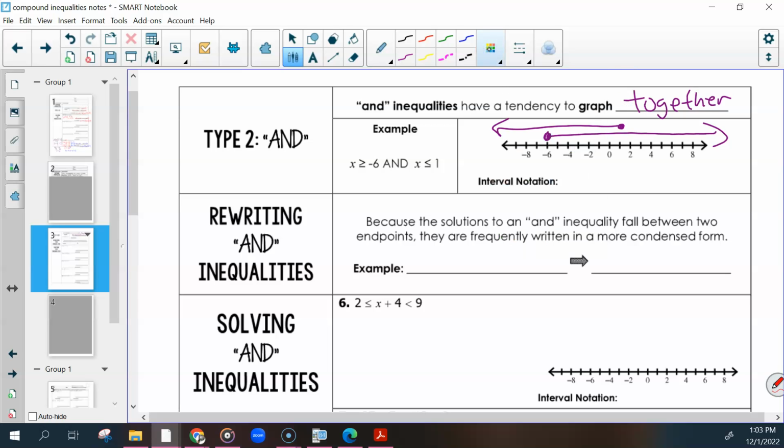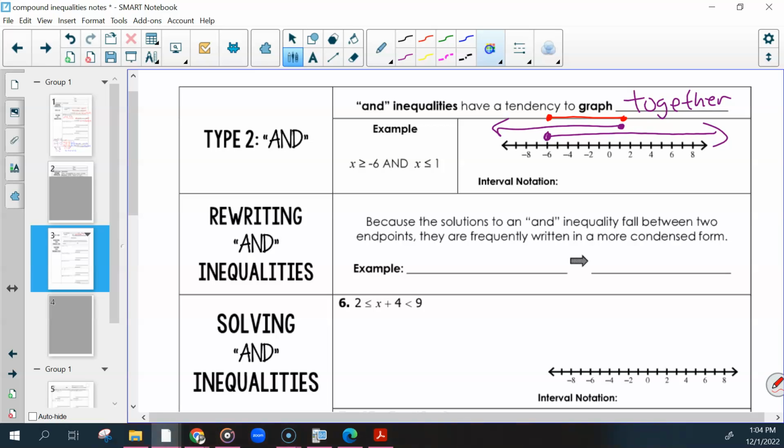Negative 1, positive 1 to negative 6. So as you're practicing, if you want to keep doing the 2 arrows and then draw out where they overlap, that's fine. Eventually, I really just need where do they overlap.